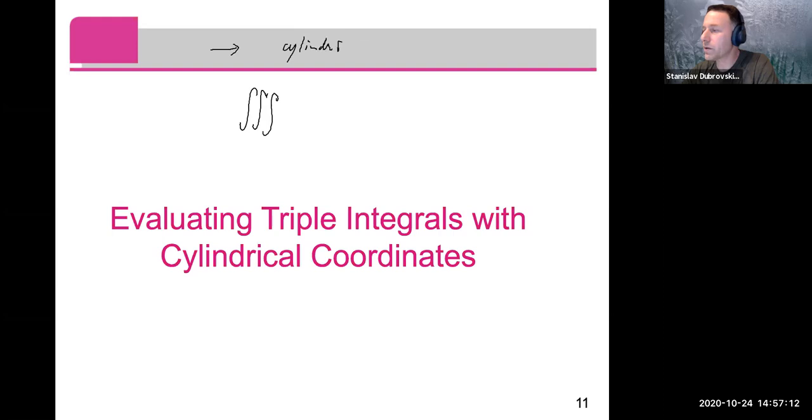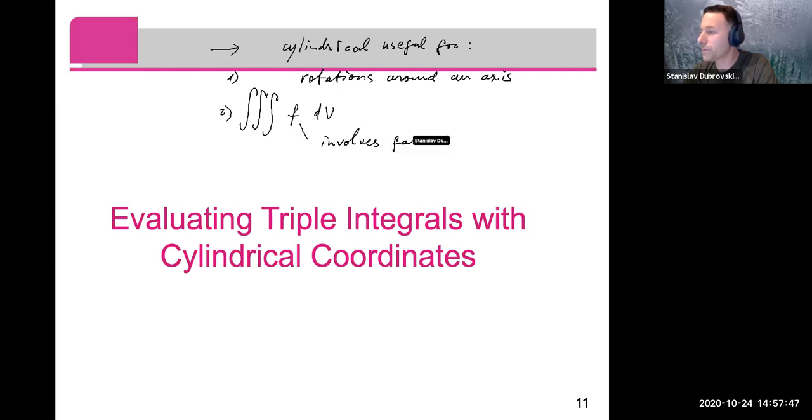Cylindrical coordinates are useful, first, if you have rotational symmetry around an axis, and second, if your function involves factors of x squared plus y squared.